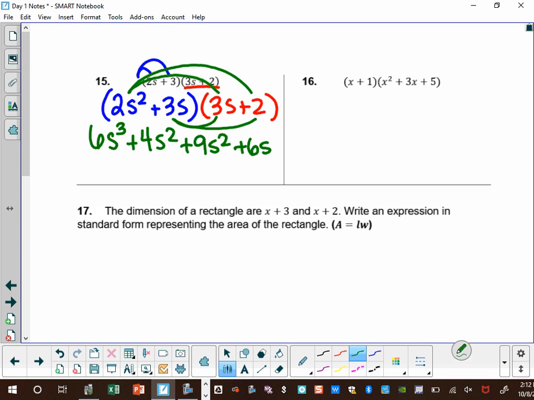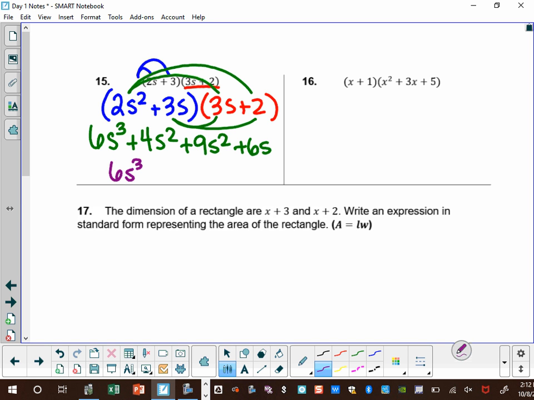Before I write my final answer, I need to combine all like terms. Is there anything to combine with 6s to the third? No. What about 4s squared and 9s squared? I can combine those, right? Those are like terms.